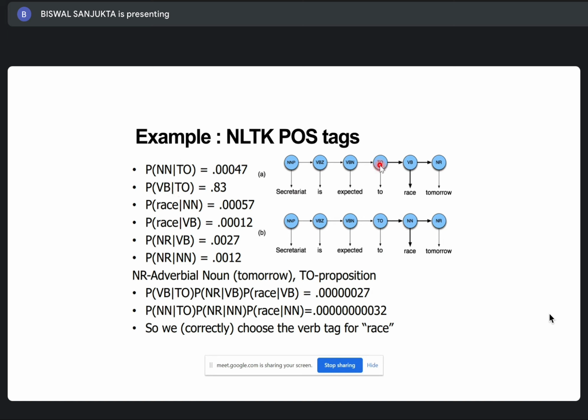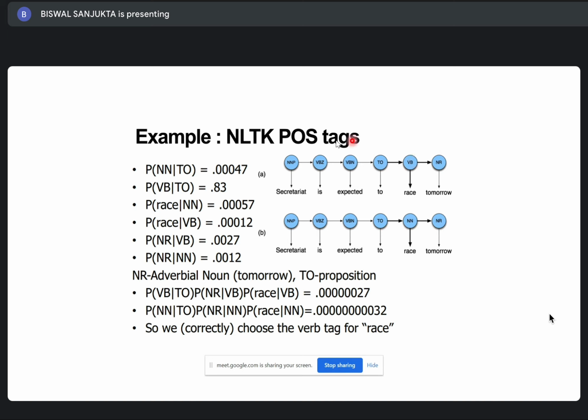Race given NN, this one. Race given VB, this one. NR given VB, NR given NN. So all these probabilities they have given.